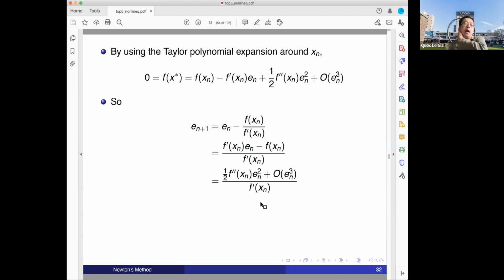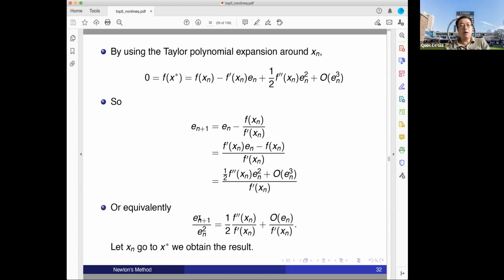So what is the next step? Next, I just divide the left and the right by en square. Then you see this en square got cancelled, and this en cubed divided by en square just gives me en.